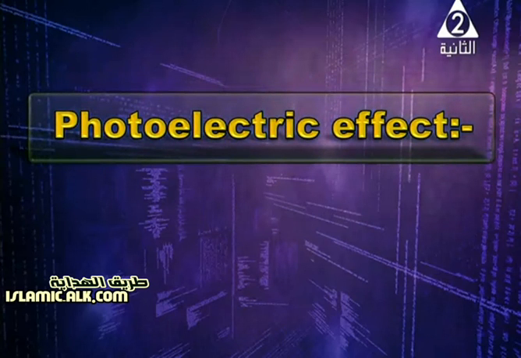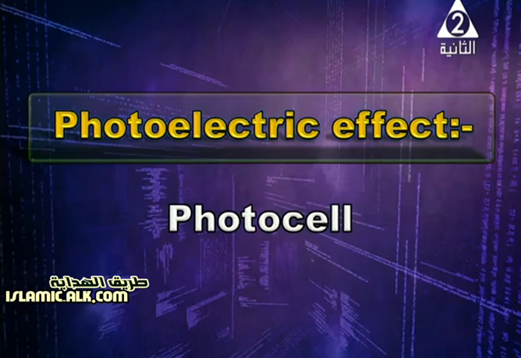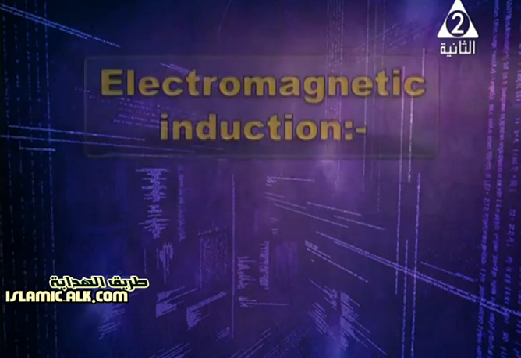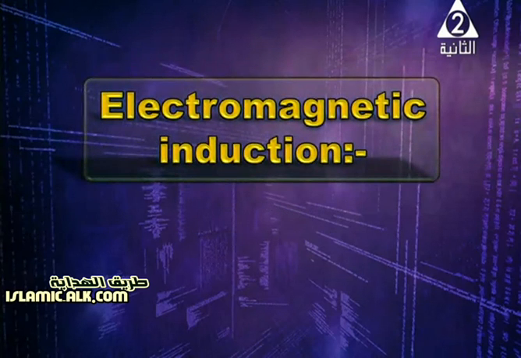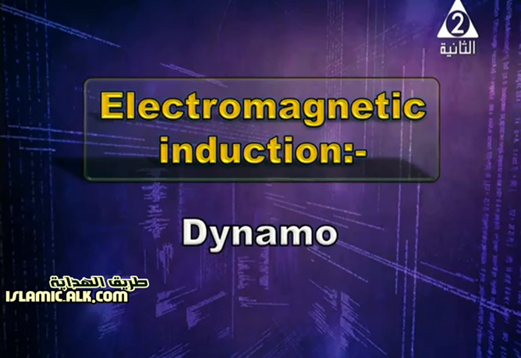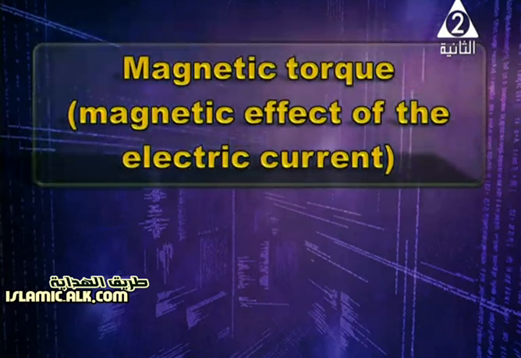Application of the photoelectric effect is quite simple. It is the photoelectric cell, or photocell. Application of electromagnetic induction is the dynamo. And applications of the magnetic torque, or magnetic effect of the electric current, we've got many devices: moving coil galvanometer, DC ammeter, DC voltmeter, and DC motors.